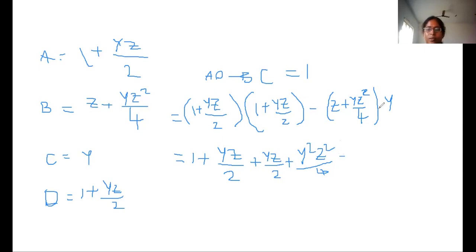So minus Y can be multiplied here, then Z into Y, minus into plus, minus ZY, minus into plus again minus, Y into Y square Z square by 4, so we get Y square Z square by 4.